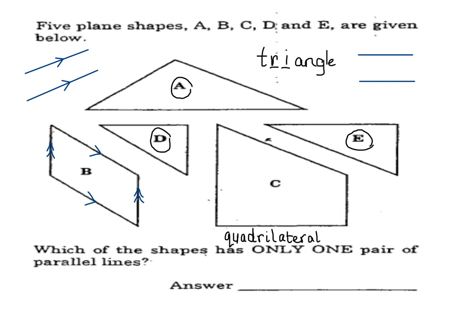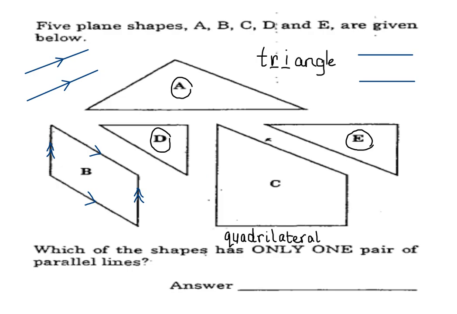Although they're not the same length, do these two sides look as though they are the same distance apart and that they never touch? So which pair of sides do you think is a parallel pair? Is it this pair or this pair? Which pair is it?